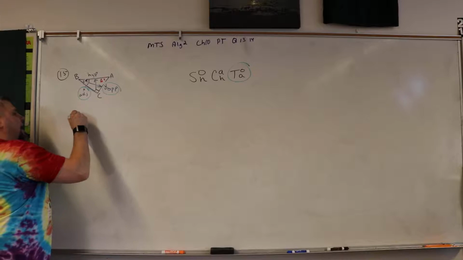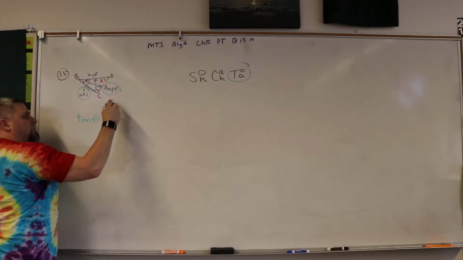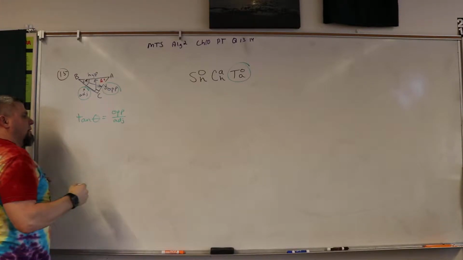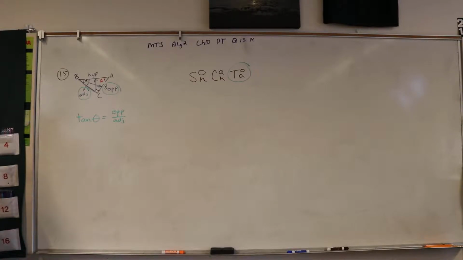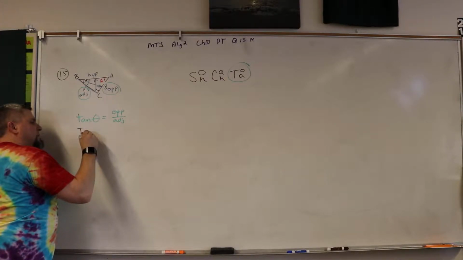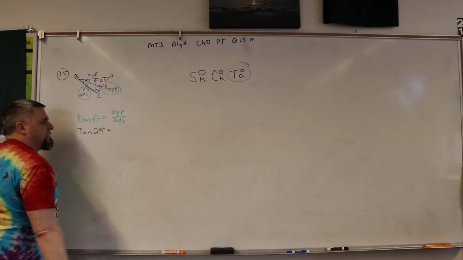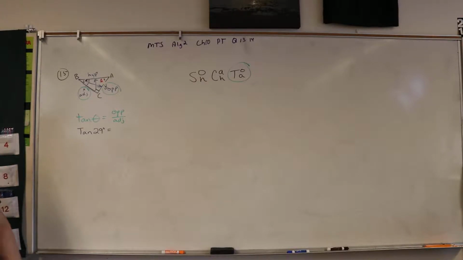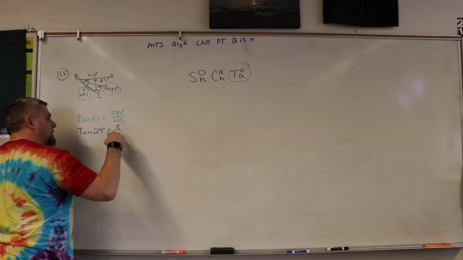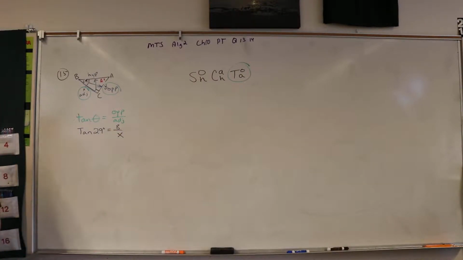So we want tangent theta is equal to opposite over adjacent. Okay? So what's theta in this case? Tangent 29 is equal to opposite. What's opposite? 8 over X. But we got to get X alone.